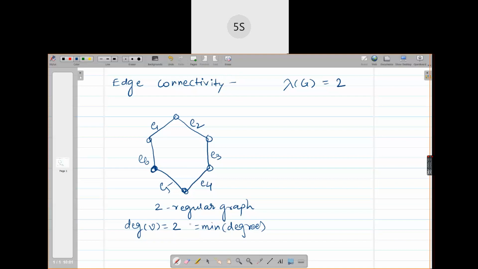So let us write the definition. First write the definition and then have this example. The edge connectivity of a connected graph, and this is very important, the graph must be originally connected.